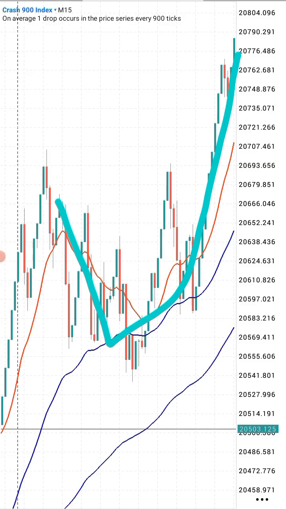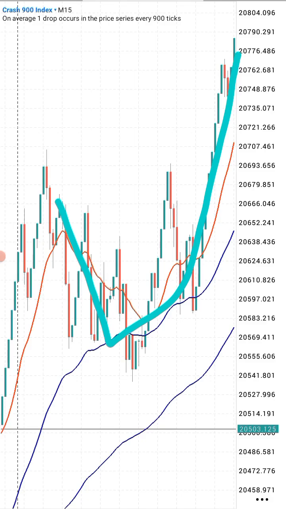Now the adaptive moving average. Most of our moving averages are fixed. Now, fixed moving averages give false signals when market conditions change or when they are volatile. The solution is that we adjust the period based on the market volatility. We adjust the period.